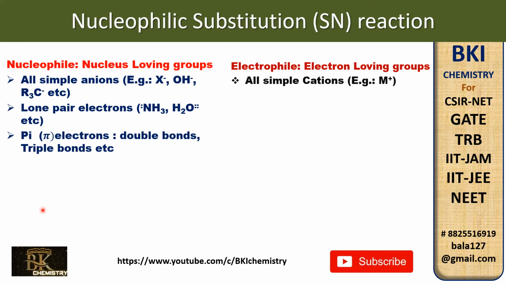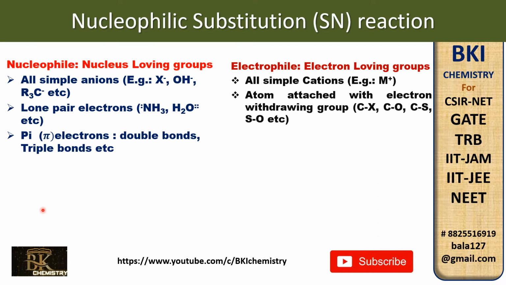Apart from cations, a molecule which contains two different atoms with a large electronegativity difference can be classified as an electrophilic center, because the highly electronegative atom will bear the partial negative charge and the less electronegative atom will bear the partial positive charge. It is not necessary to have a complete positive charge. Even if it has a partial positive charge, it can be classified as an electrophilic center.